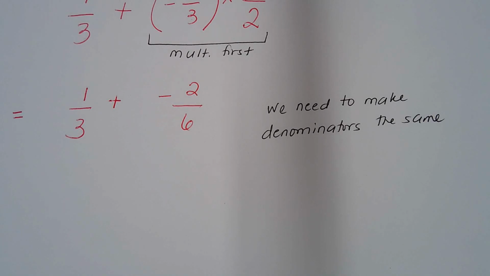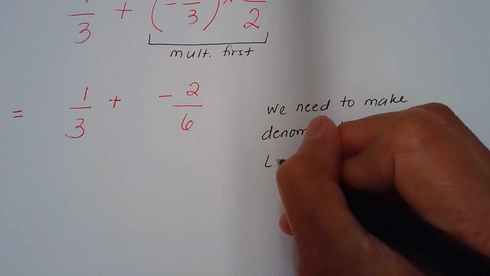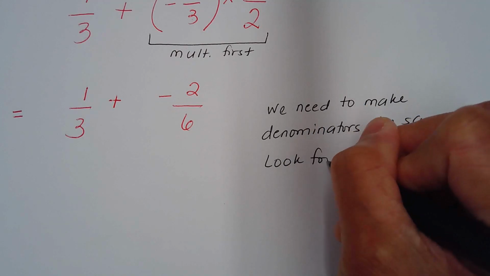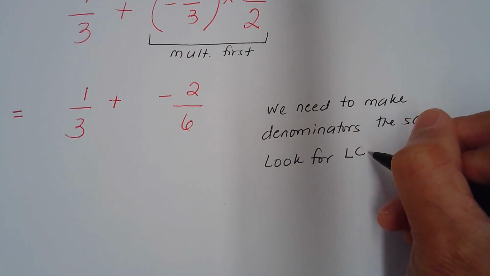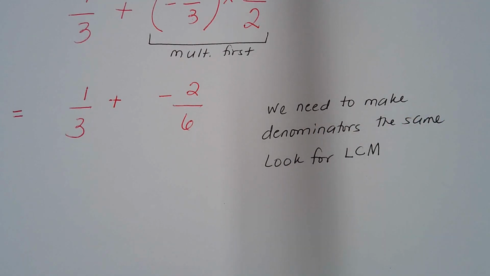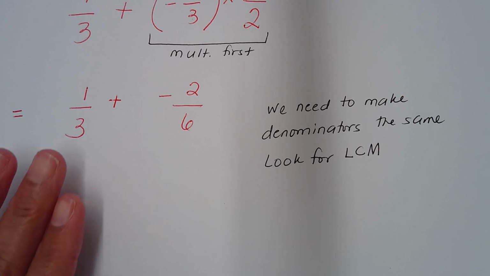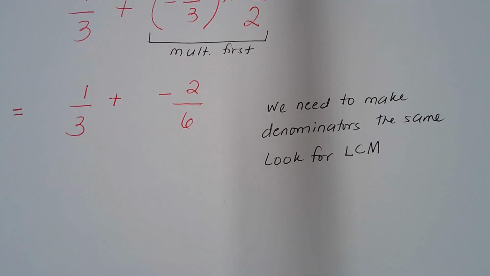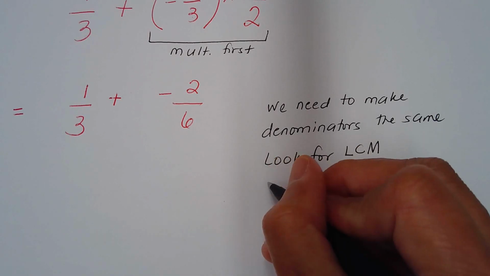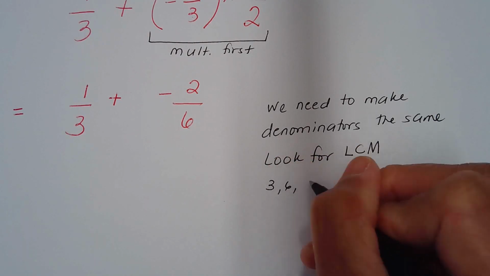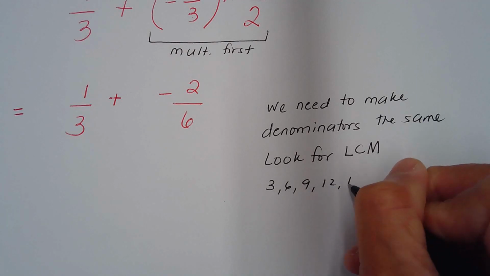We have to look for the lowest common multiple. What's the lowest common multiple between 3 and 6? The lowest common multiple of 3 and 6 would be 6, right? Because you go 3, 6, 9, 12, 15, right?